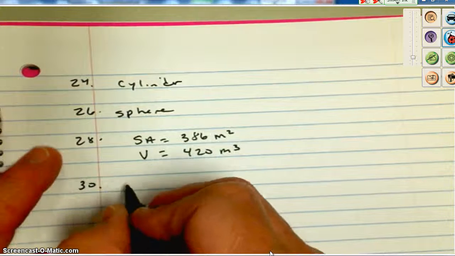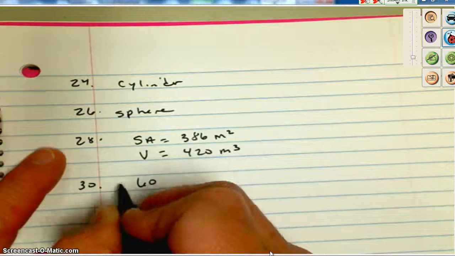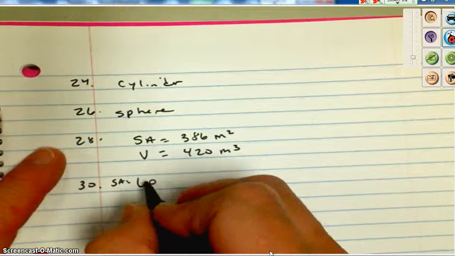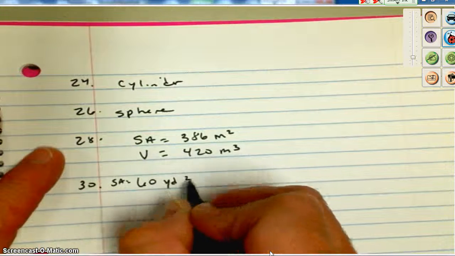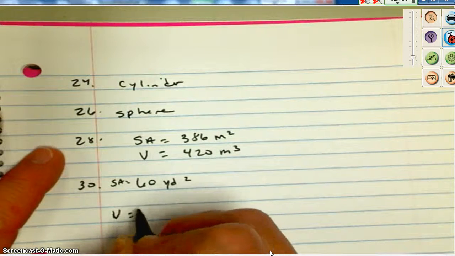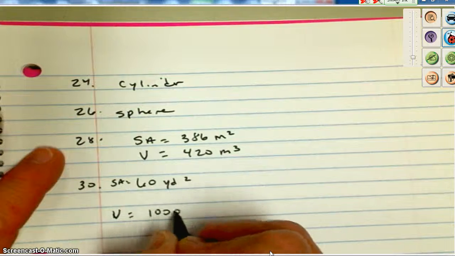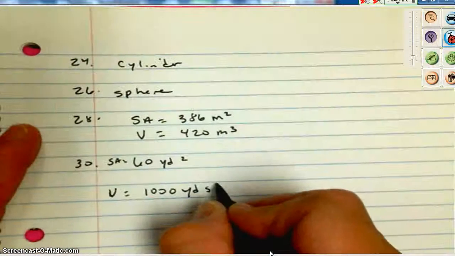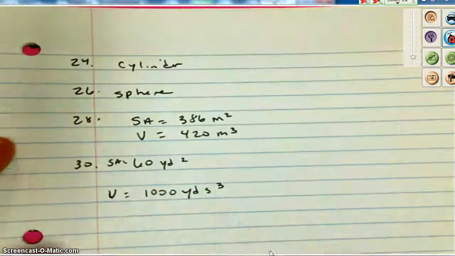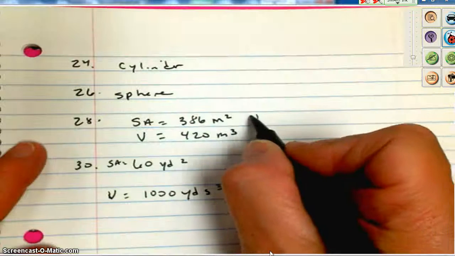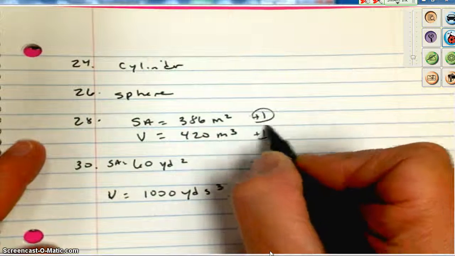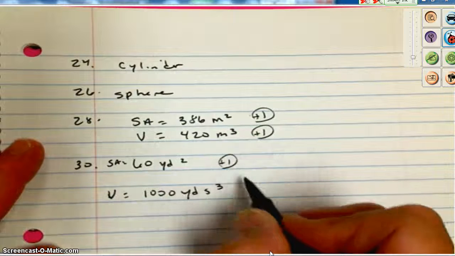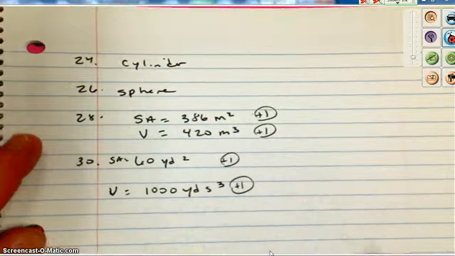And 30 was surface area equal to 600 yards squared, and the volume is equal to 1,000 yards cubed. And there's 1 point for this one and 1 point for this one. Same thing on number 30, 1 point for there and 1 point for there.